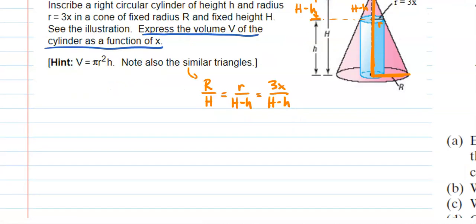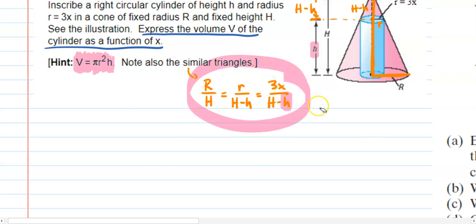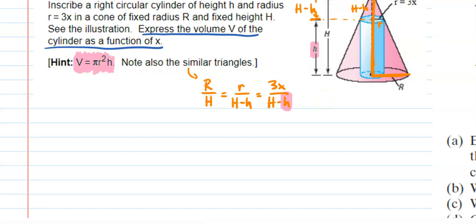Why that might be so helpful is because we really need this lowercase h in order to calculate the volume of the cylinder. The volume of the cylinder is dependent upon lowercase h and lowercase r, or 3x in this case. And that volume of the cylinder was actually given to us again over here.